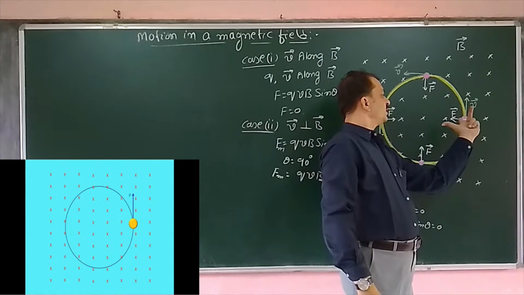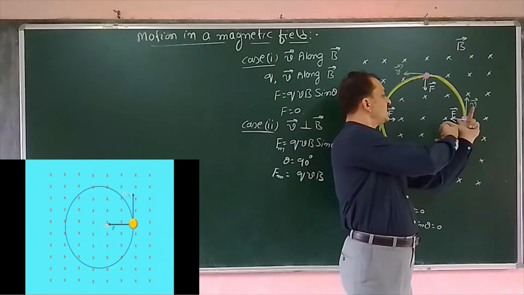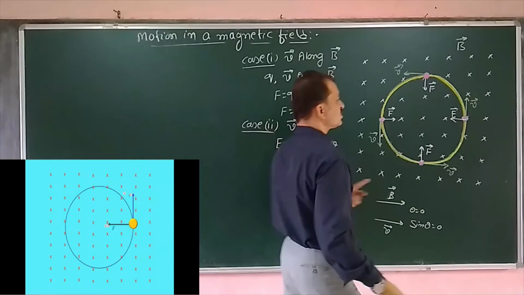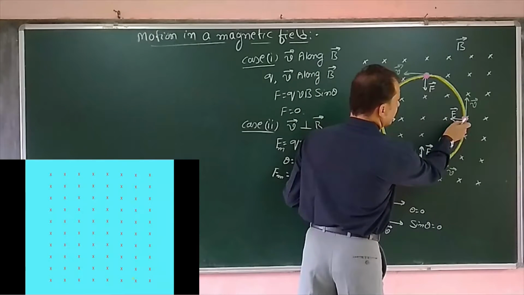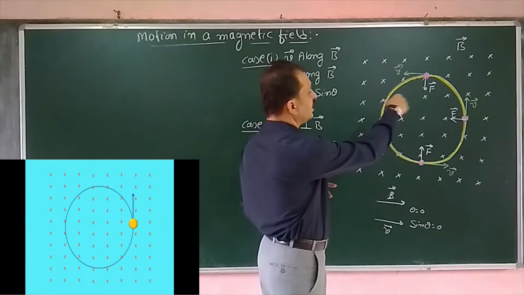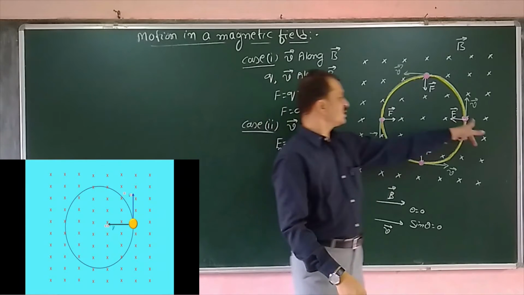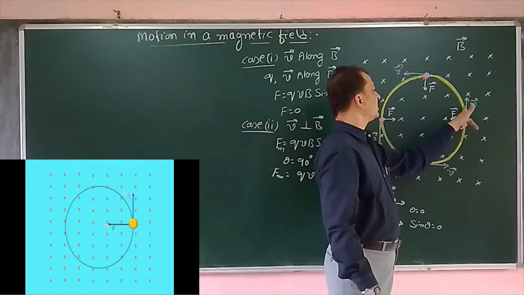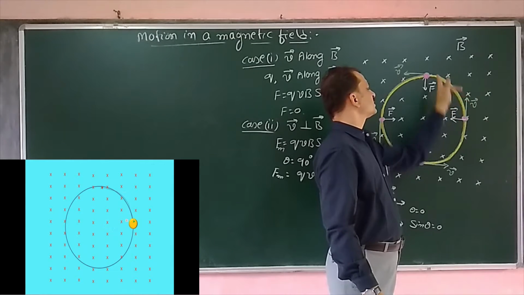Then extend the thumb. The extended thumb is directed towards the center. So, therefore, the magnetic force is towards the center of this circular path. Therefore, the particle moves on bending. It goes on bending like this.